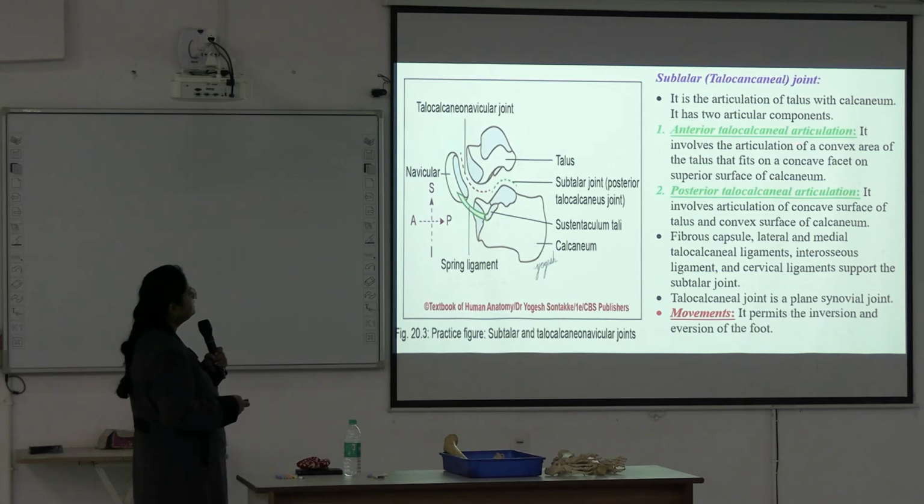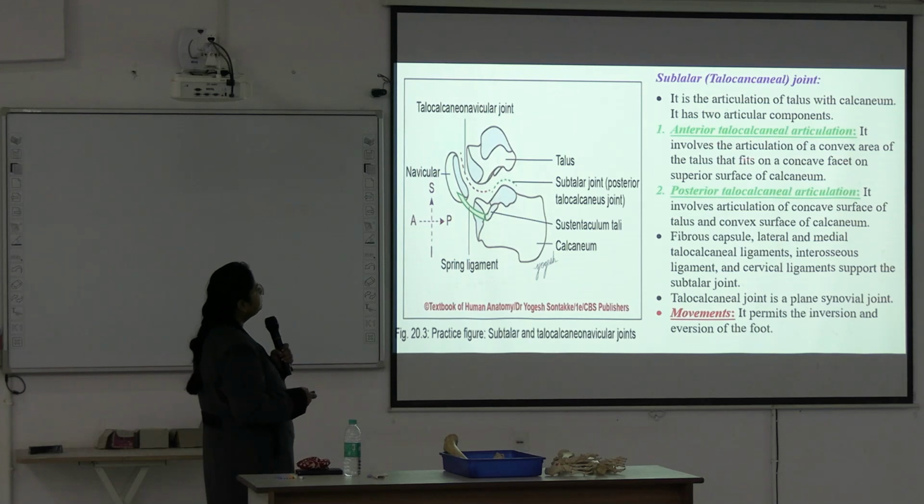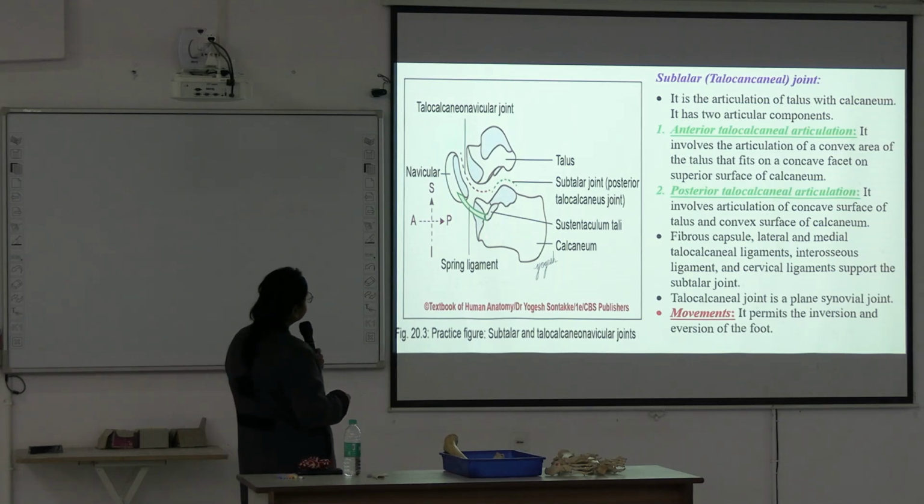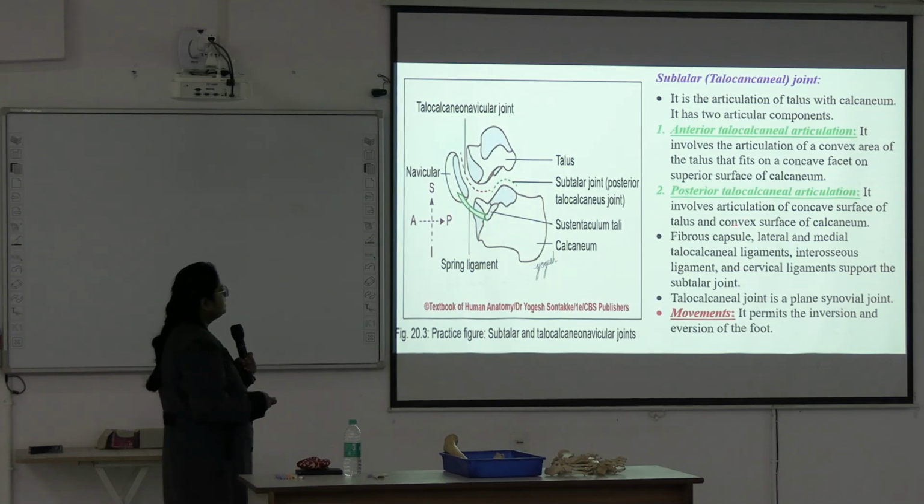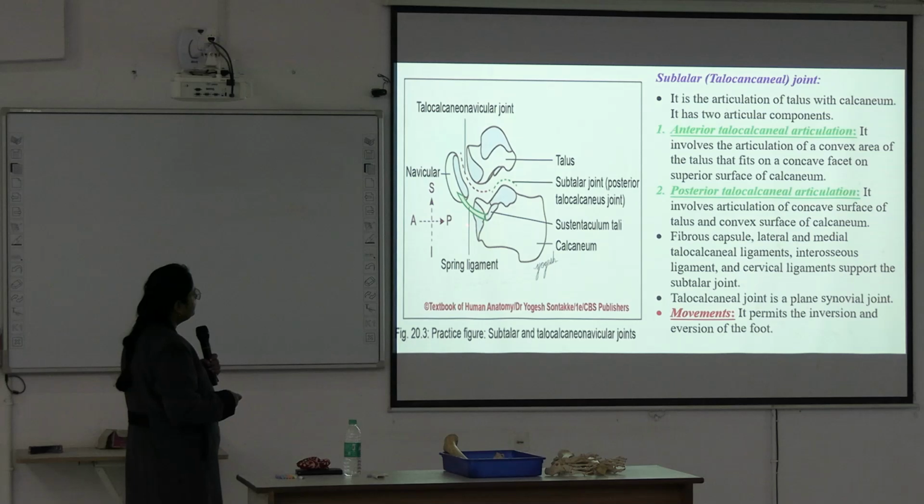First, the anterior talocalcaneal articulation, which involves a convex area of the talus that fits on a concave facet on the superior surface of the calcaneum. Next is the posterior talocalcaneal articulation. This is the posterior part, and here is the anterior part, this convex part.